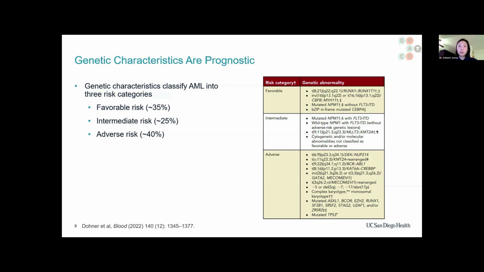We've categorized them into favorable risk, which is about 35% of all new AML, intermediate risk, which is about 25% of all AML, and adverse risk, about 40% of all AML. And as you can see in the table, these abnormalities are unique and also very complex.